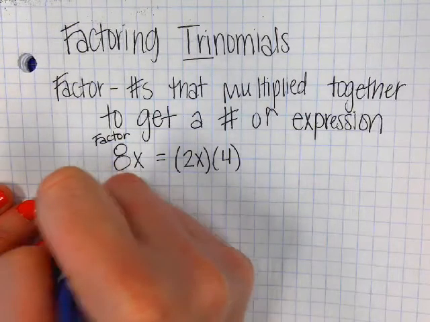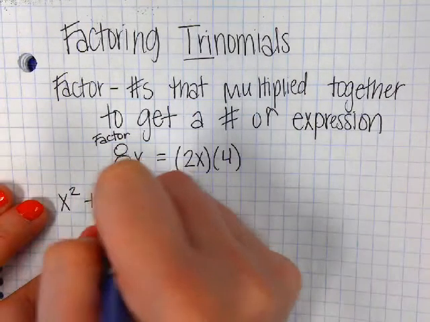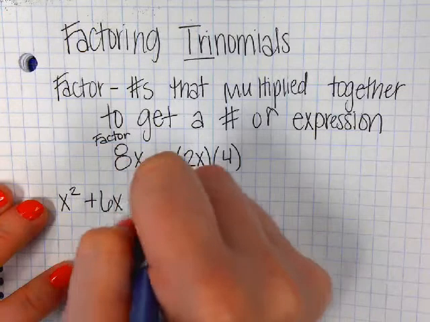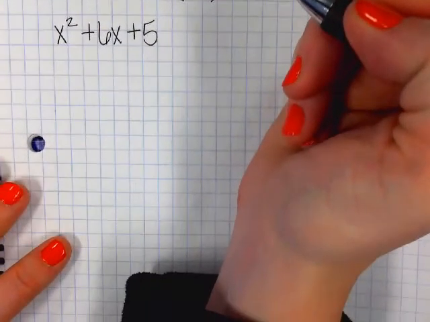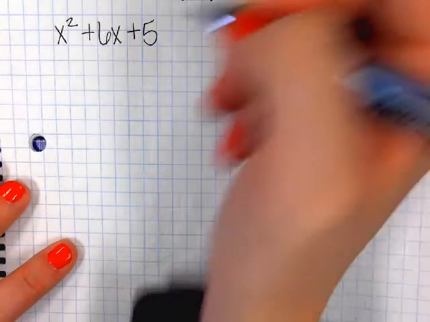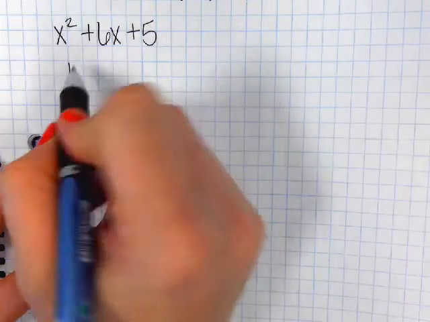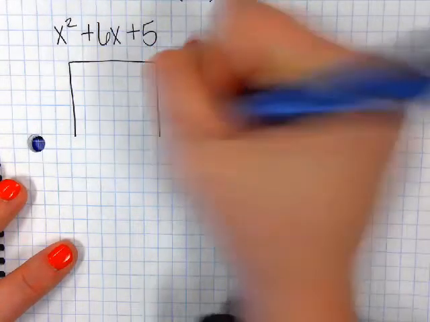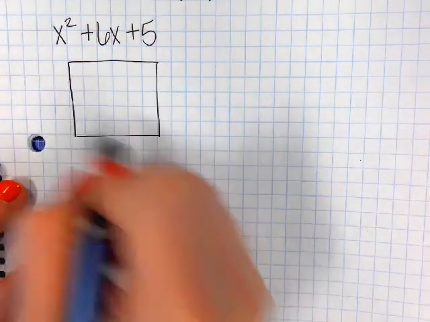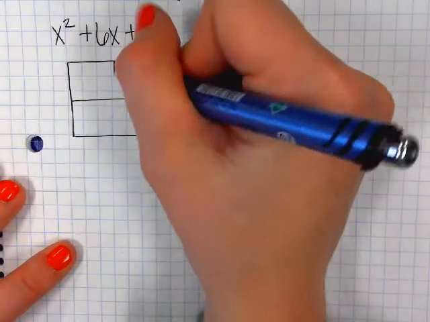Everybody see that? Okay. So let's do an example. If we have x squared plus 6x plus 5. Now, I am going to use the box on these just because most people are visual and it helps you lay it all out. The box, just like we did on our entry task.